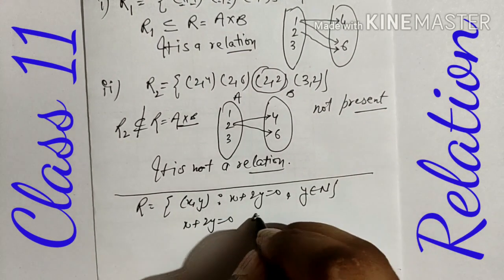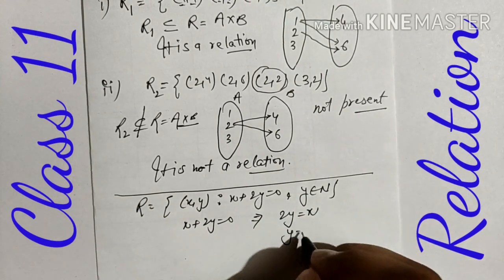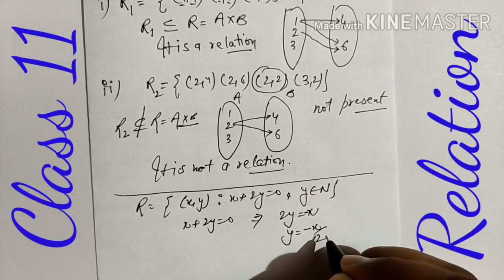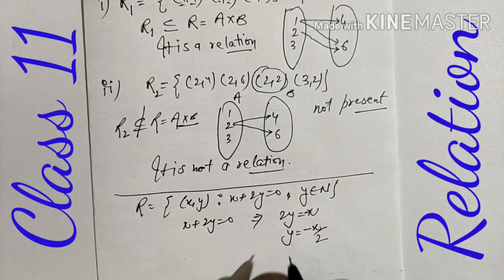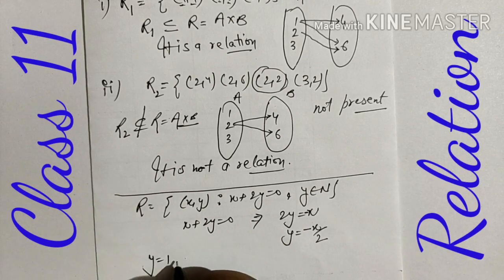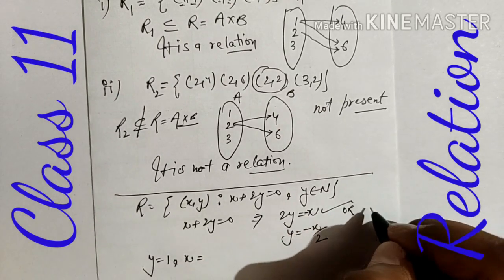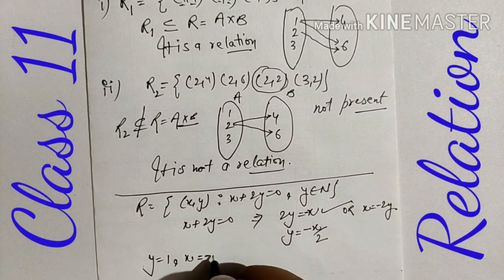So 2y is equal to minus x, and y is minus x by 2. As y is a natural number, the lowest value of y is 1. Then x is equal to minus 2y, so x is minus 2.